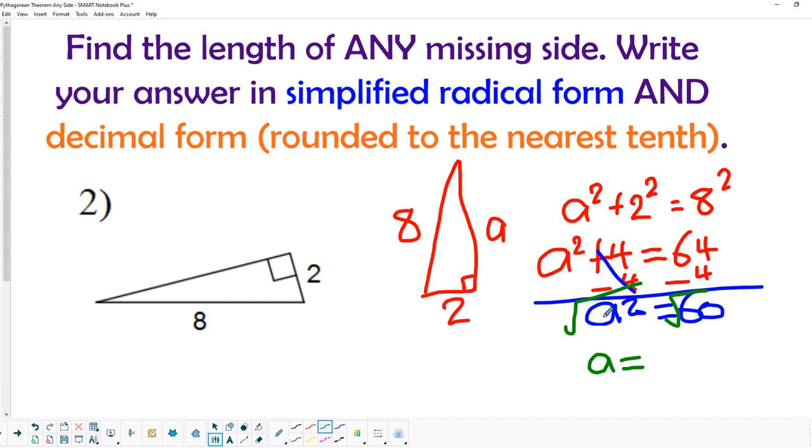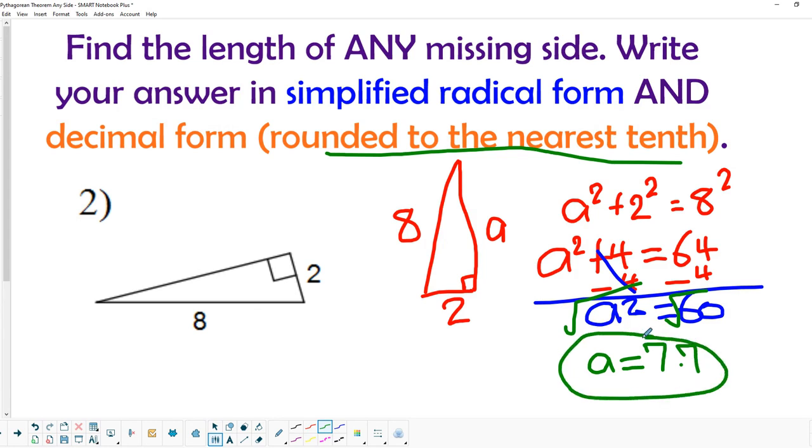But for this assignment, until we say otherwise, we're rounding, and this one says round to the nearest tenth. So you're going to use your calculator, put in the number 60, and do your square root, and that's going to give you 7.7 when you round it to the nearest tenth.